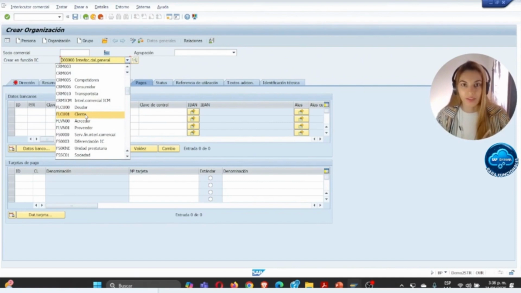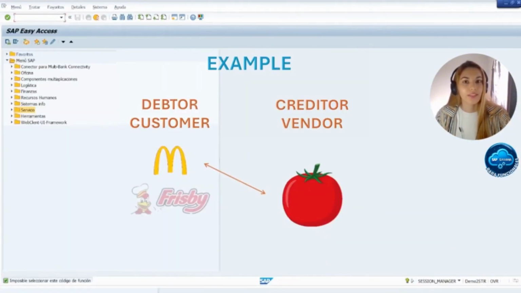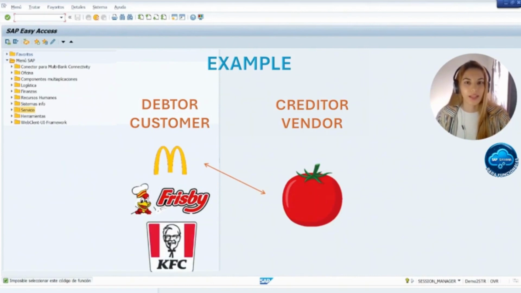A single company or a single person or business group can be created with several types of business partner roles. A single company can also be both a debtor and a creditor. And it turns out that Tomates SA not only has McDonald's as a customer, but also Frisbee and KFC. And it has all three of them as business partners, 1, 2, 3. And that's how it works.